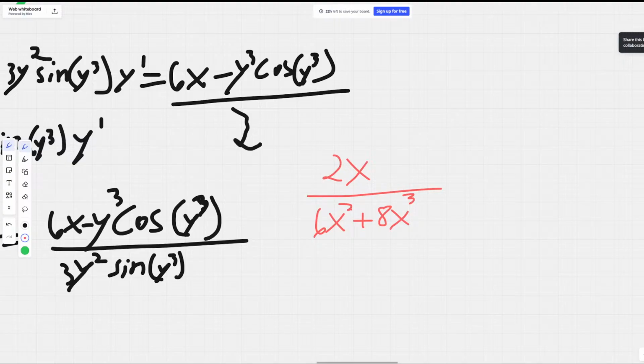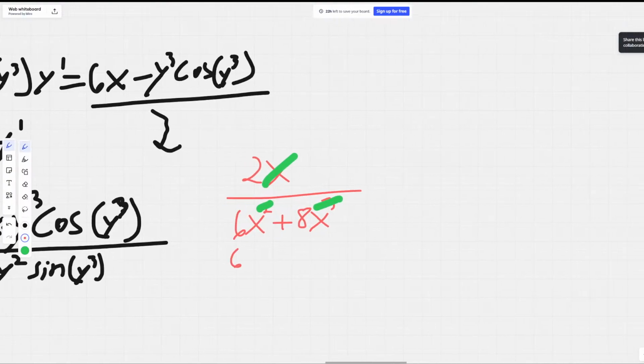This is, I'll just do that as 1, 2. That looks better. Cubed, you can just take one out. 6x plus 8x cubed all over 2.